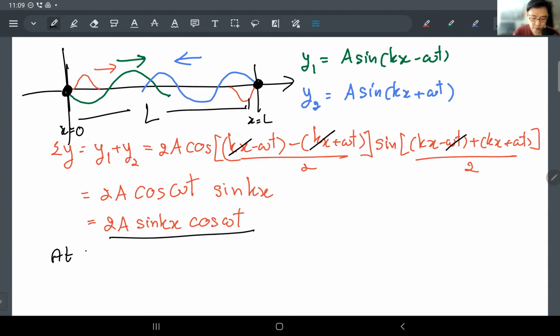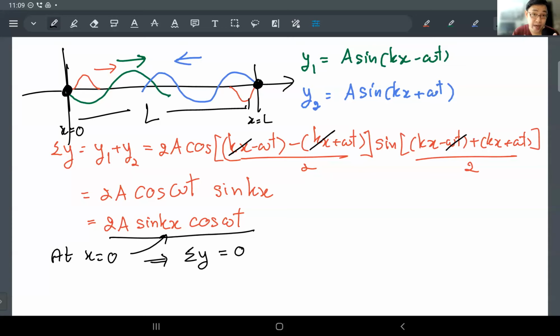At x equal to 0, you plug in 0, sine 0 is 0, so good. The total wave at this point is 0 no matter when, no matter what happens. Time is inconsequential because the sine kx automatically gives you 0 every time. Cool. So this one seems okay.